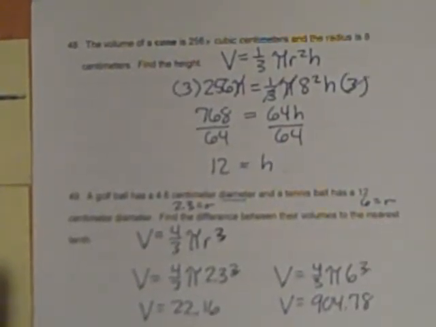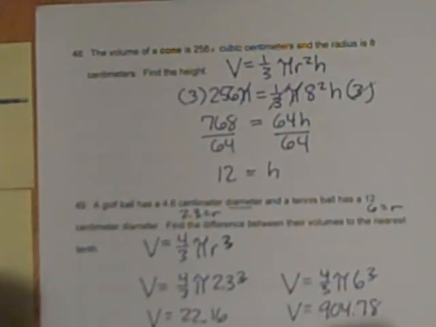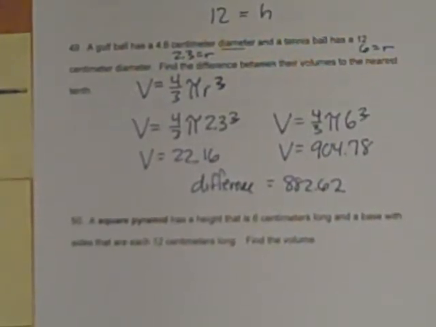So 904.78 minus 51.0 gives the difference, 882.62. So the difference equals 882.62.